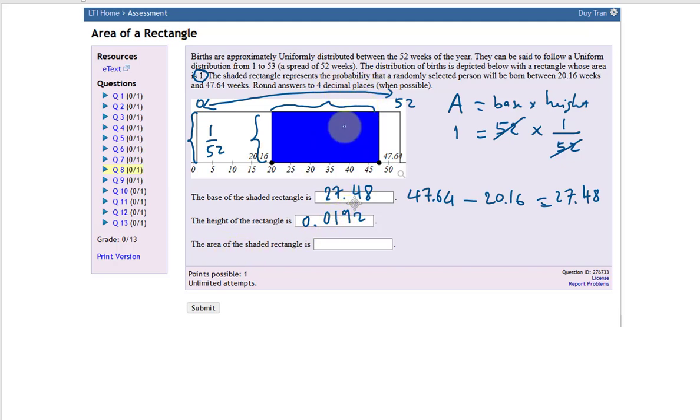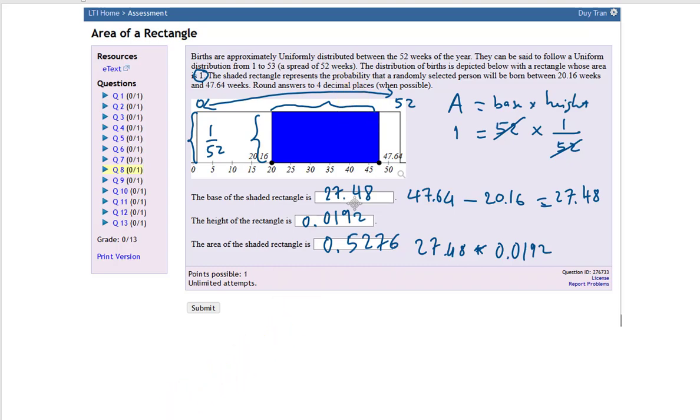Now to find the area of the shaded rectangle, we take the base times the height. These two numbers multiply together: 27.48 multiplied by 0.0192, and that gives me 0.5276 to 4 decimal places.